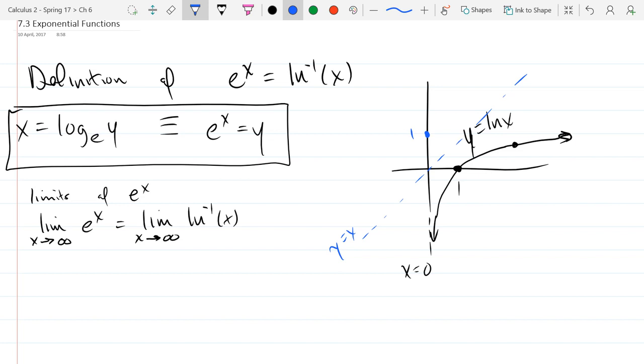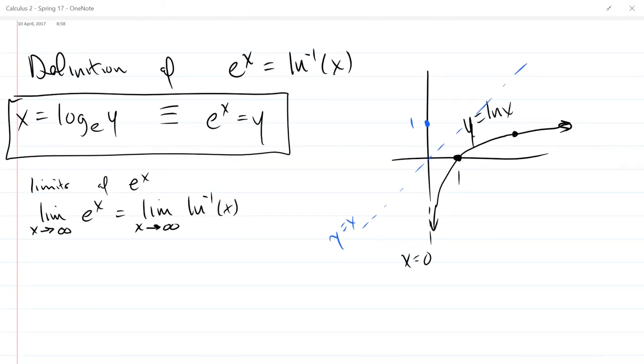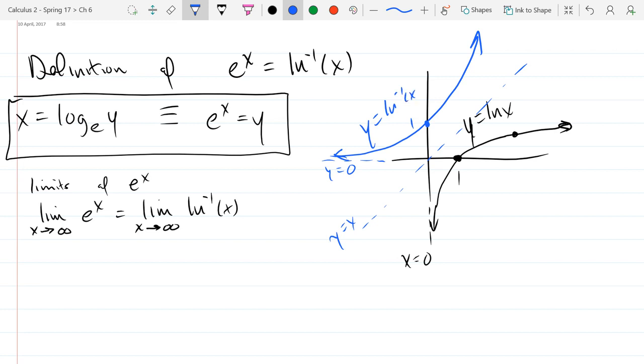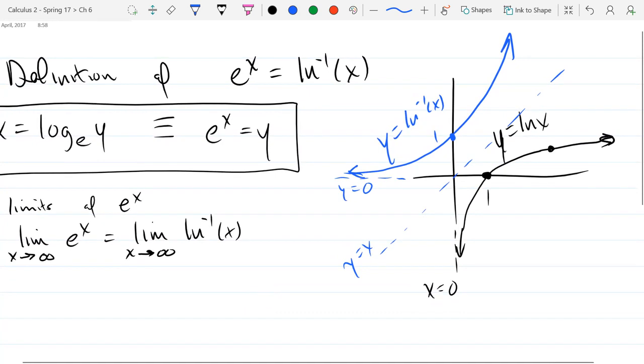We're going to take a mirror image. So x equals 0, the mirror image is y equals 0. We just took the function and reflected it across y equals x, and we got the inverse graph. So that's how we can take a graph and get the inverse, by reflecting across y equals x.